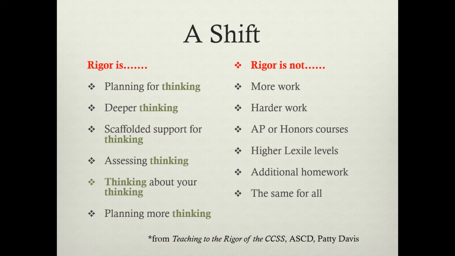It's also scaffolded support for thinking, meaning that the teacher doesn't just throw a random high-level question into the wind and see who it may stick to. Instead, the teacher skillfully plans each question and guides students in the process as each gets increasingly more complex. This includes allowing opportunities for students to talk collaboratively and work in groups to hash through ideas and evidence.